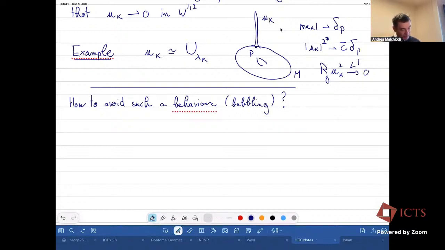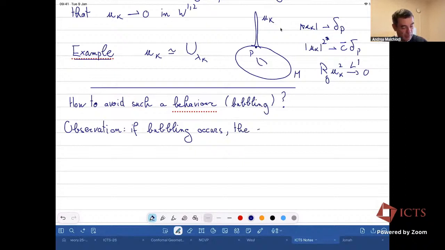Okay, and the observation is that if bubbling occurs, the energy is quantized.